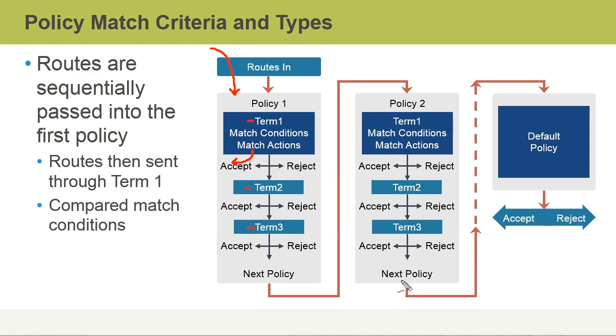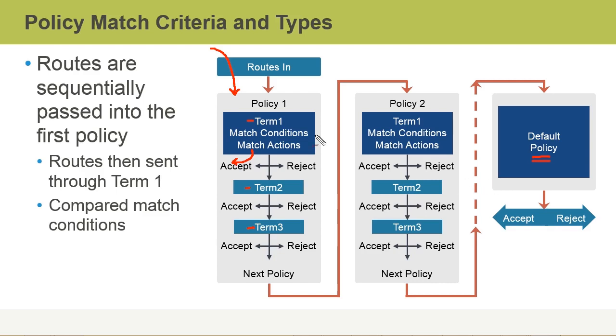Now, if there's still no match within any of the terms within policy 2, then eventually the default policy will kick in. Juniper devices have default routing policies that depend on the actual protocol that we're talking about, and also whether it's an import or an export policy.